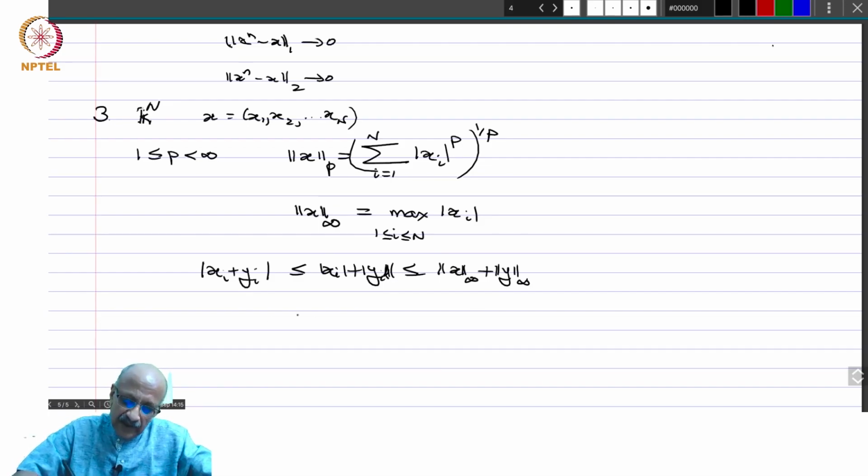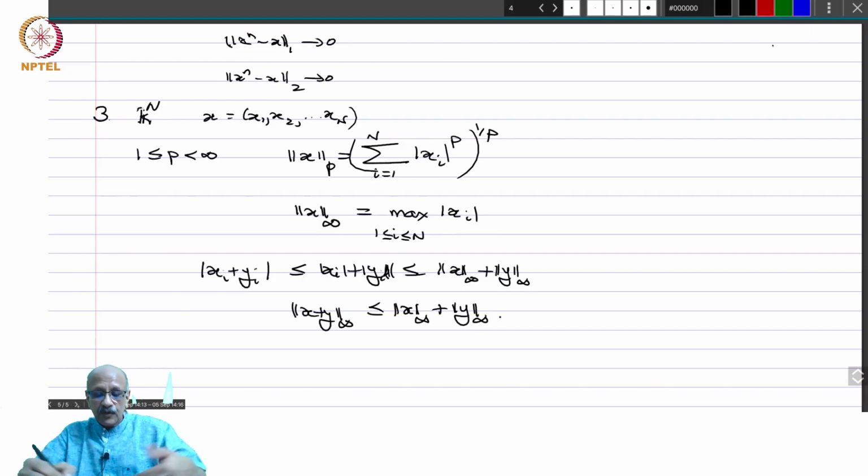So if I take the maximum on the left-hand side, I get norm x plus y infinity is less than or equal to norm x infinity plus norm y infinity. Therefore, this becomes a normed linear space.